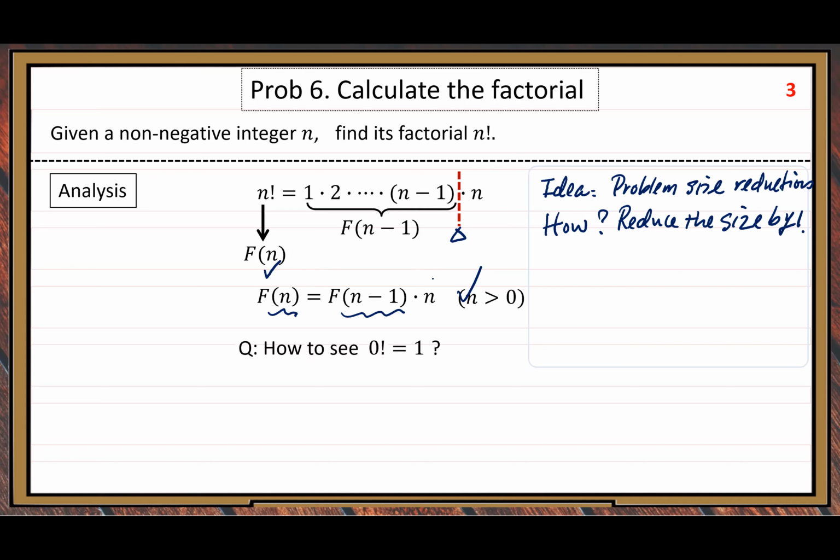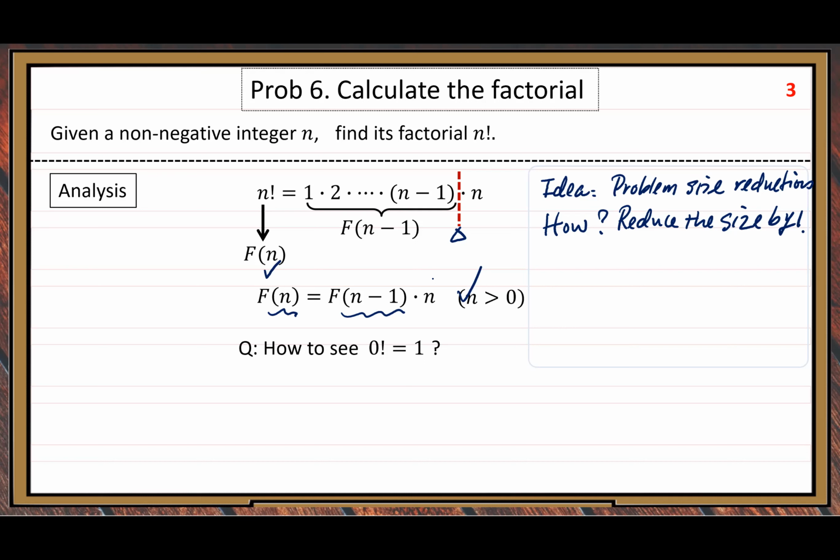The question: how to see that 0 factorial equals 1? Now we need to answer this question. Without any reasonable explanation, you cannot make an assumption like this, because you may have some contradiction if you make an arbitrary assumption.